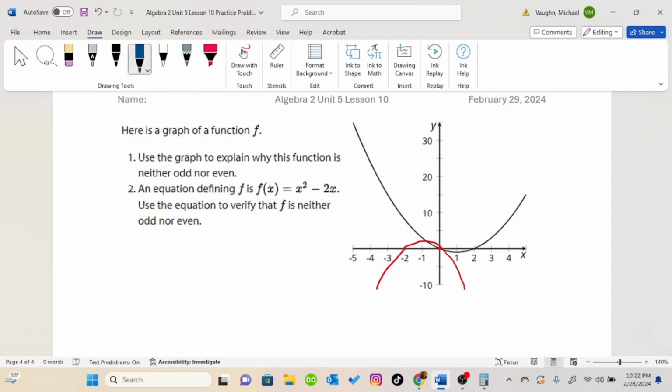Now, if this was an even function, we would be able to reflect it across the y-axis. But the point at the origin would stay the same, this positive 2 would become negative 2, and we would have a parabola that looked like this.